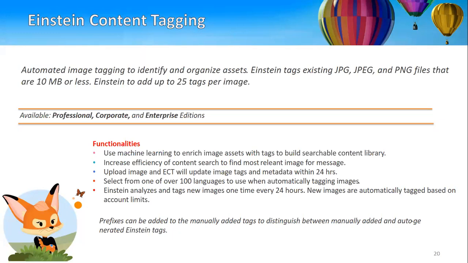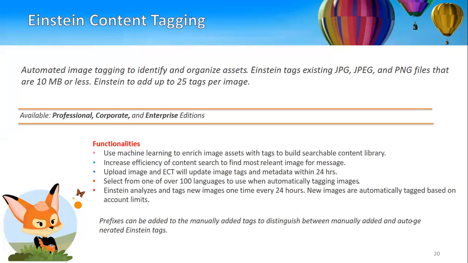You can select from one or over 100 languages to use when automatically tagging images. You can either tag on your own, like a custom tagging, or Einstein will automatically generate tagging for the images. Based on that, you can filter or select only what is needed, which is very useful for organizing the assets, that is organizing the images in one place.